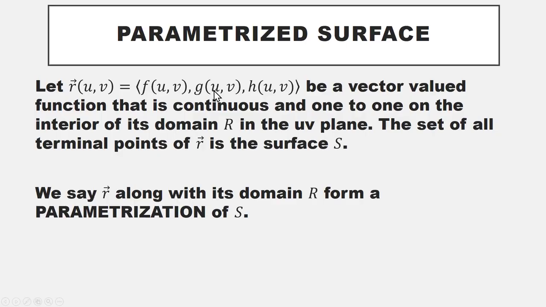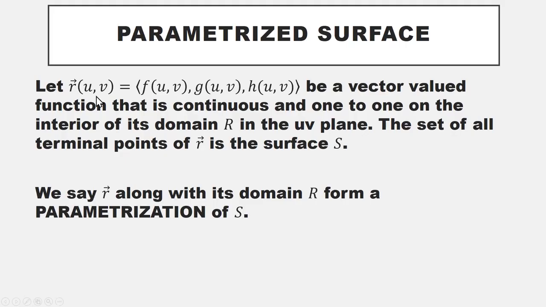And if we look at the end points of each of these vectors, if we're given 2 inputs, then the vector valued function, if it's continuous and one-to-one on the interior of the domain in the UV plane, so the domain here consists of a section of the UV plane, then the set of all terminal points of this vector valued function will form a surface, and we call that surface S.